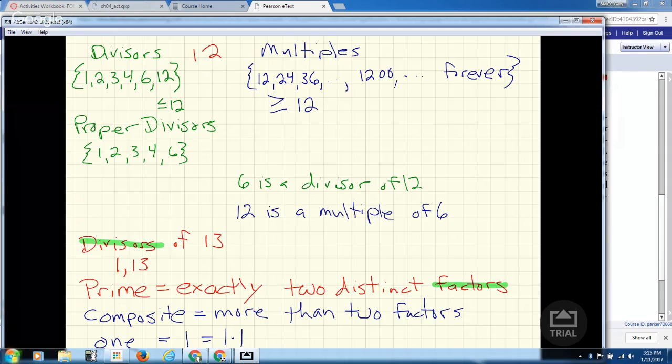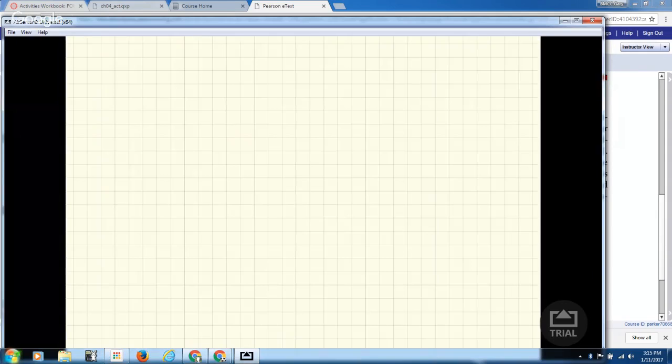New page. In particular, common multiples. So let's see. I had 12 before, and I had 15.